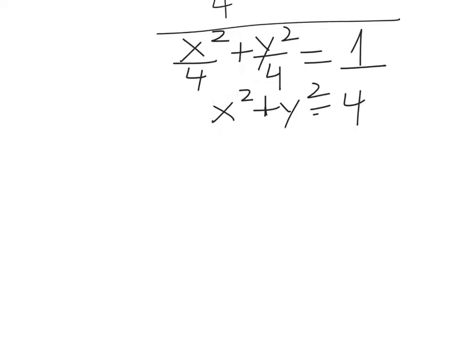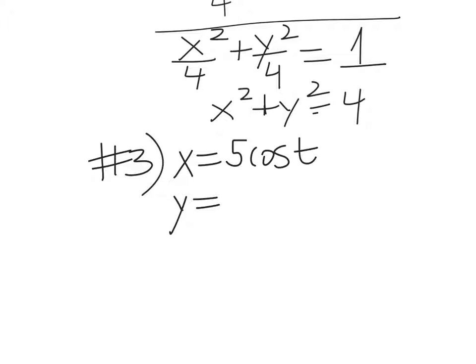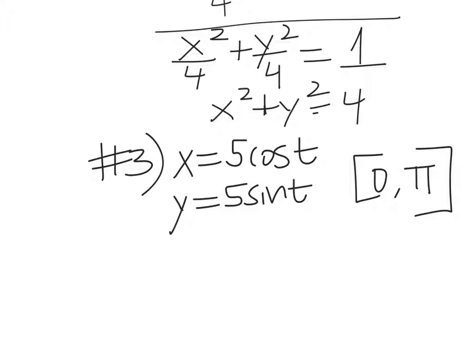No. All right, let's try another one, number 3. Okay, this one's going to be a teeny bit different. Not too bad, but let's say that x equals 5 cosine t and y equals 5 sine t. And this time, t is from 0 to pi.